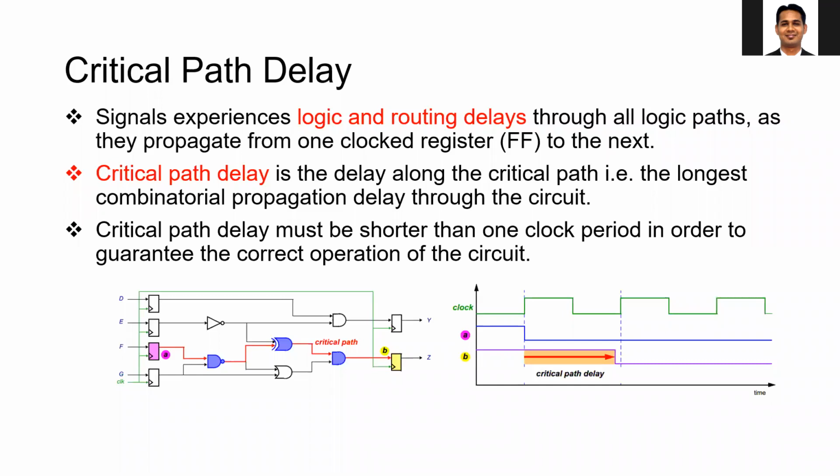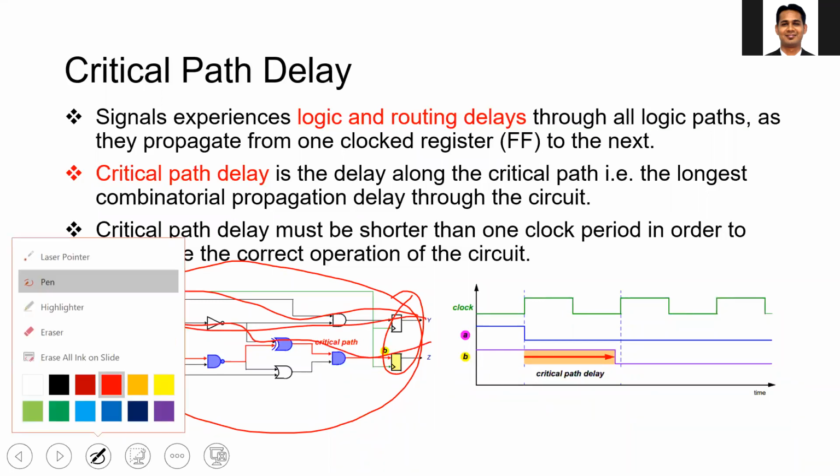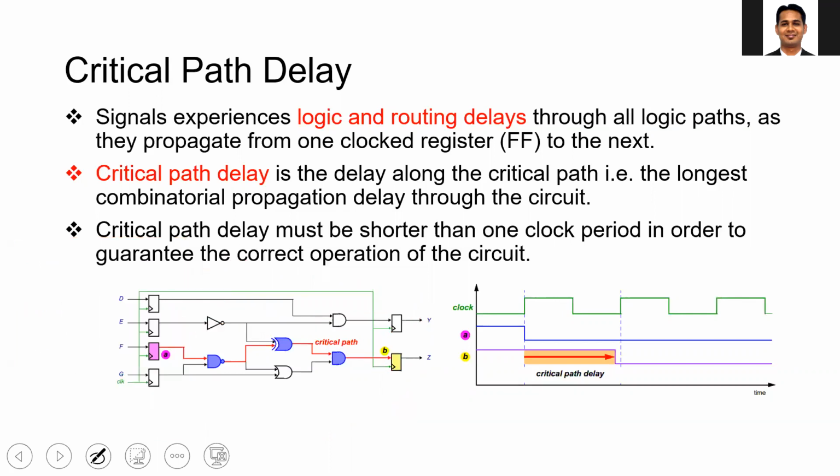For example, you can see that this is the combinational circuit where the inputs are D, E, F, G, and the outputs are Y and Z. You can see that there are flip-flops at the input and output. Now you can see that from input to output, there are multiple paths. This is one path, this is another path, and so many paths are there from the input to the output.